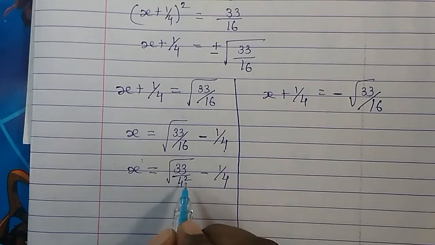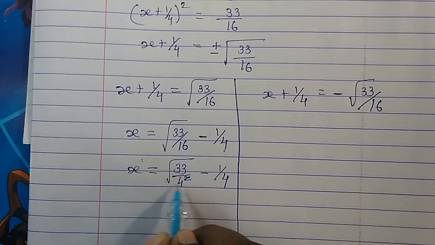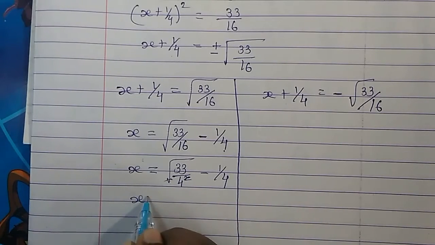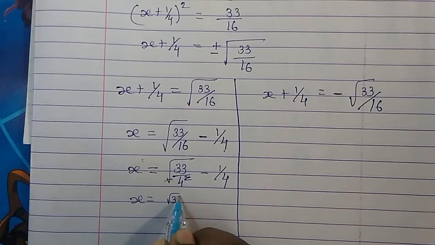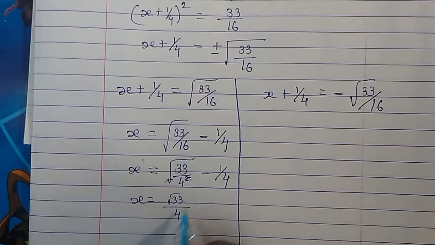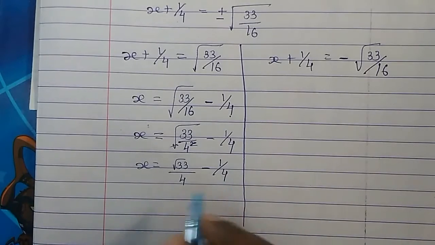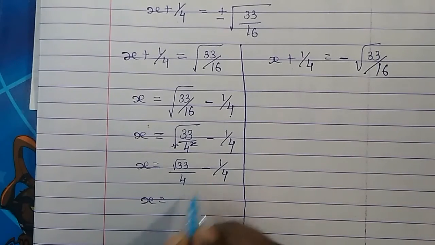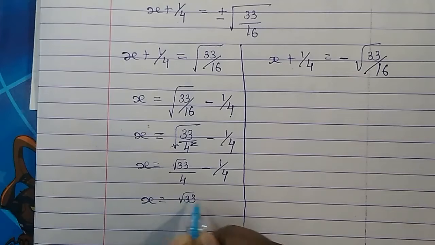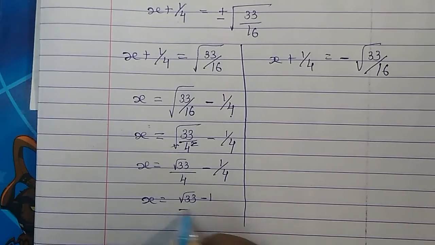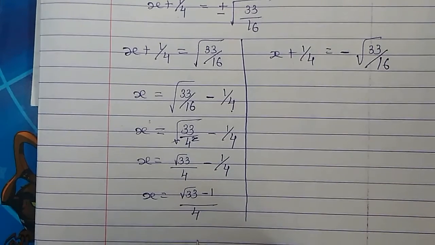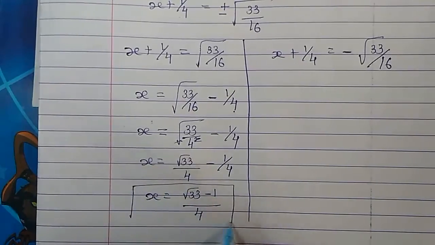So the square root of 4 square will come out, and we can write root 33 upon 4. This is 1 upon 4. Now on both sides we have denominator 4, so we keep this as it is and write denominator 4. You can stop here.